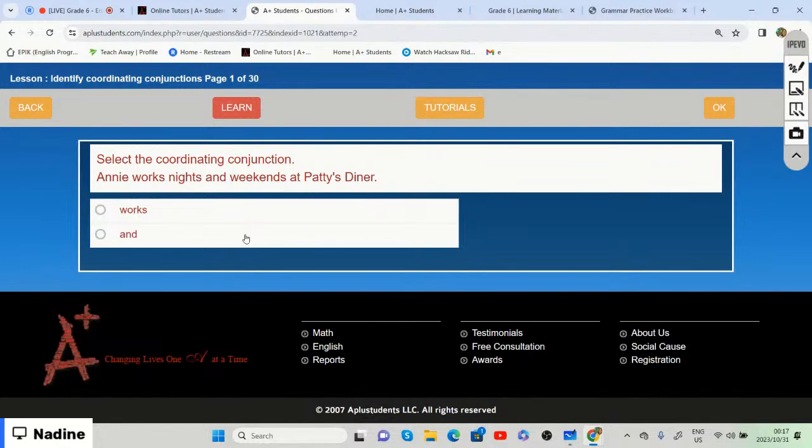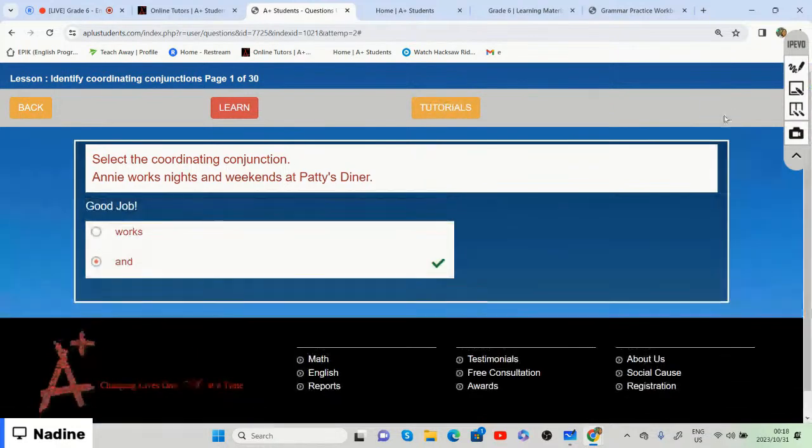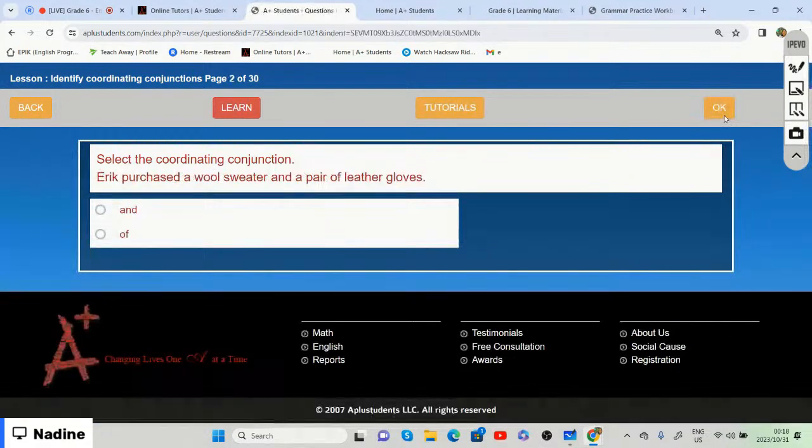All right, so if we select the coordinating conjunction, yes, we can say it is "and." And is our coordinating conjunction. So well done, "and" is correct.